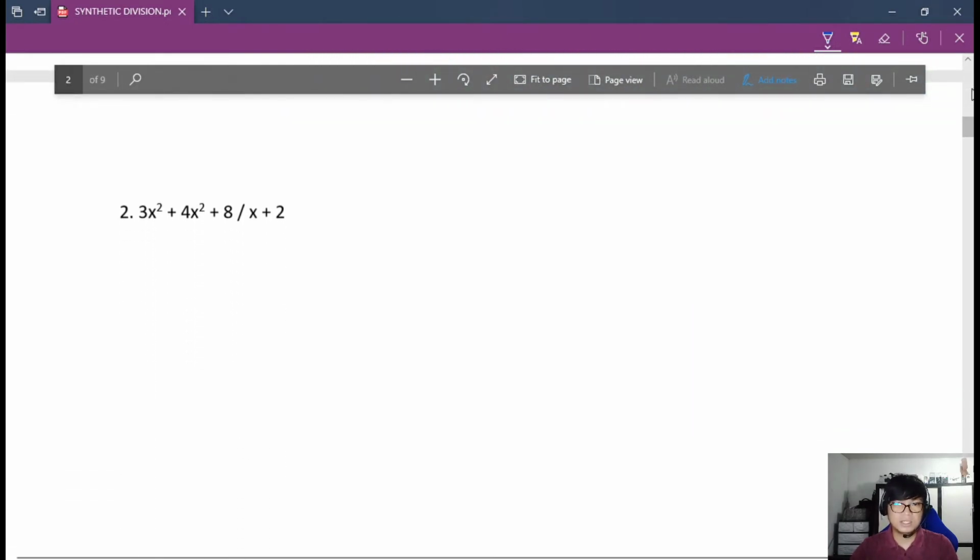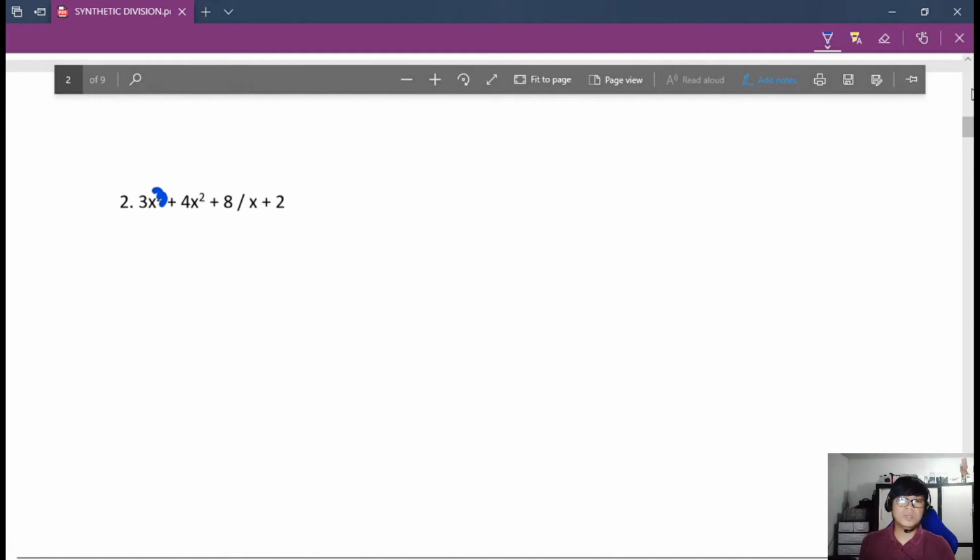Check muna natin kung kompleto. Okay. There's something wrong with this one. Dapat ito siya cube. So, i-check natin pag may missing term. So, 3x cubed plus 4x squared plus 8. So, there is a missing term here. Yung x, wala siya. So, we have to insert 0.